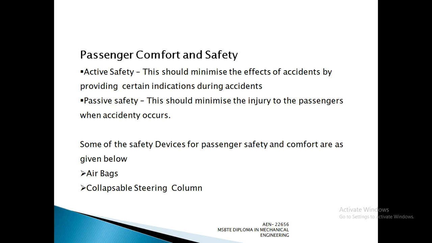That is, wherever there is an ongoing accident, it should minimize the effect of the accident. In the case of passive safety, these safety devices are installed earlier so that whenever a vehicle meets an accident, the passengers will be able to minimize the injury. Some of the safety devices are listed below, that is airbags, collapsible steering column, seat belts, etc.